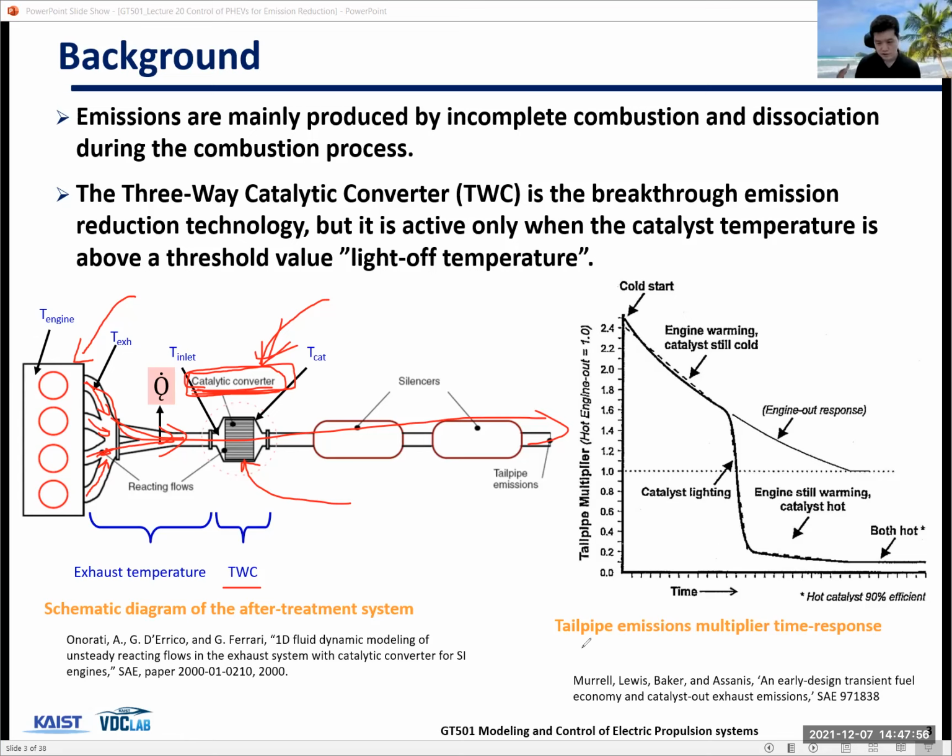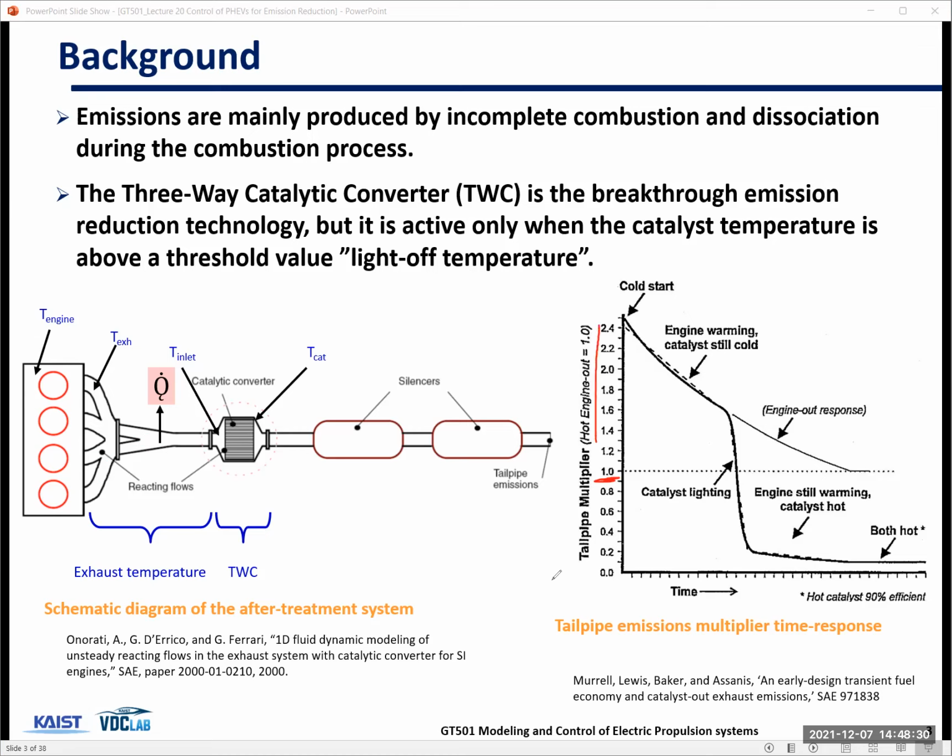So if you look at this right figure, this is a very good, very informative figure that shows what's going on, okay? So this is cold start, and this one means hot engine out emission.